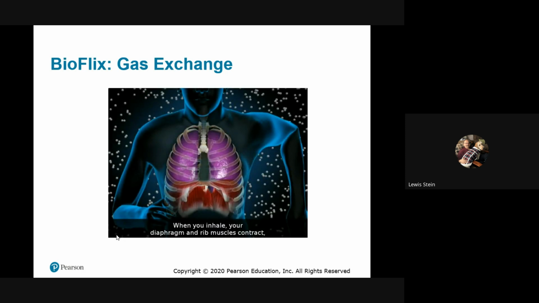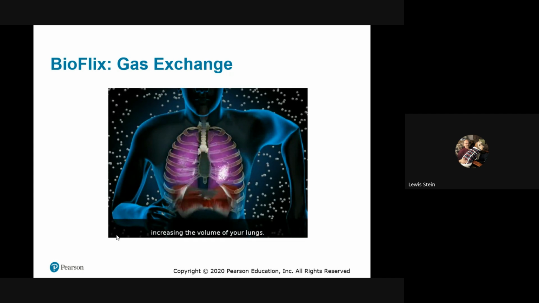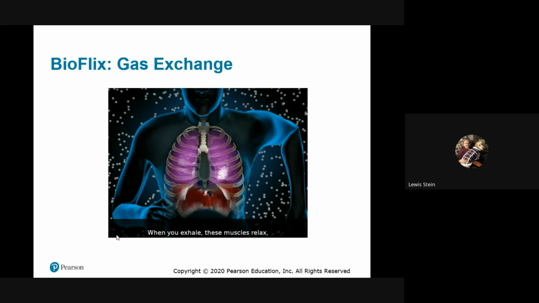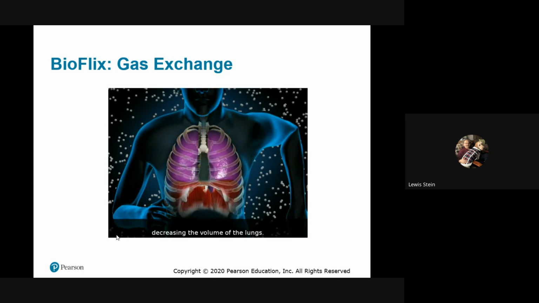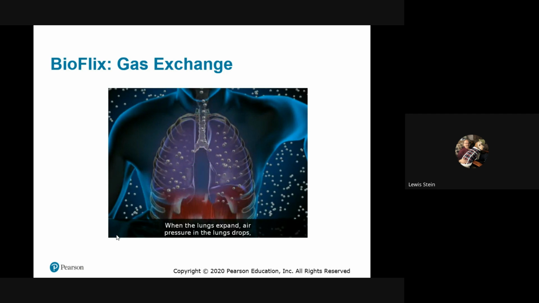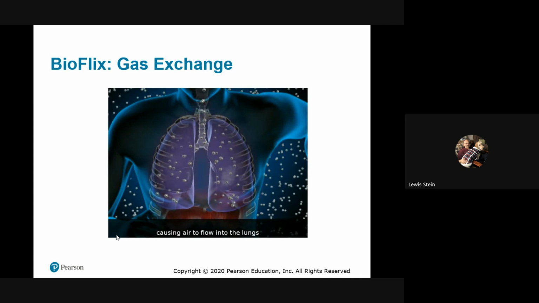When you inhale, your diaphragm and rib muscles contract, increasing the volume of your lungs. When you exhale, these muscles relax, decreasing the volume of the lungs. When the lungs expand, air pressure in the lungs drops, causing air to flow into the lungs.